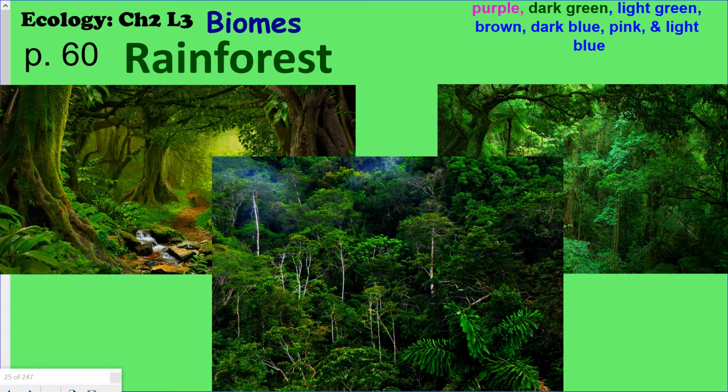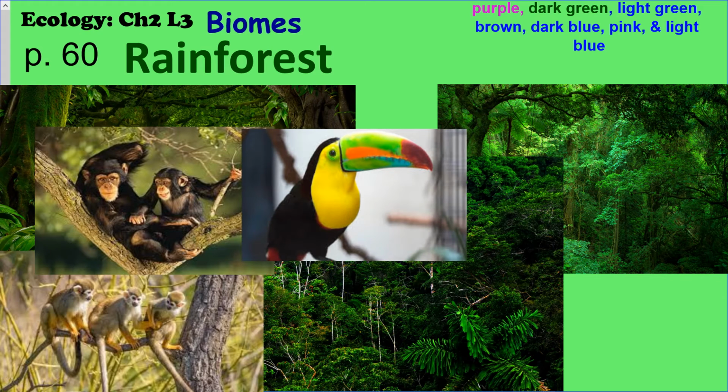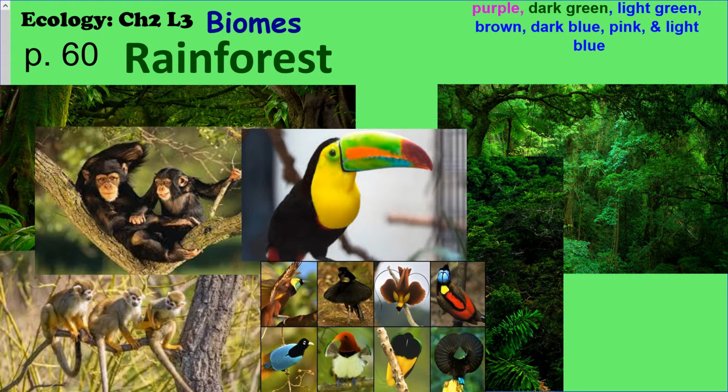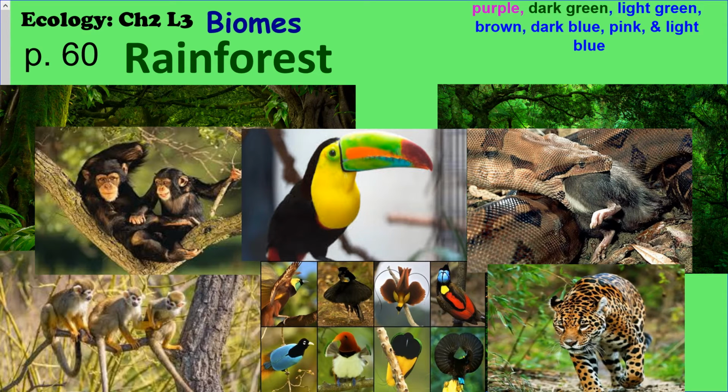Tall, thick, green leafy plants. Tall trees. We have what's called the canopy of the trees. They're filling up the entire area. And then we have a wide variety of consumers that will be located all over the world in the different tropical rainforests. We have primary consumers, secondary, tertiary, and then we also have the apex.